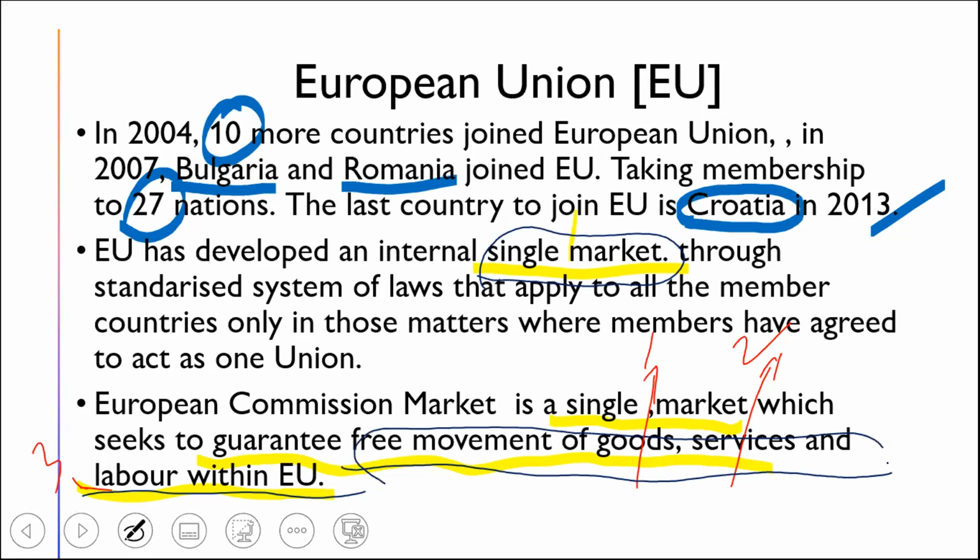Mark it. What do you mean by a common market? What do you mean by a single market? Single market means that among the 28 countries, goods and services can be moved without any hindrance.